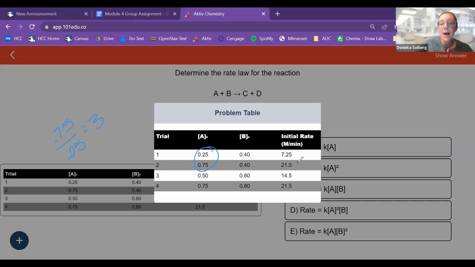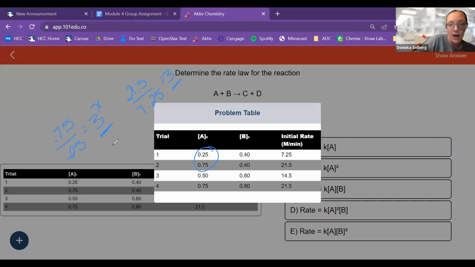Then you have to look at what happened to the rate. Well, it went from 7.25 to 21.5. Again, if you can't easily tell what happened to the rate, divide the bigger one by the smaller one. So I would go 21.5 over 7.25. That is also 3. Now, the way that you figure out the power is you do this value to the power we're trying to figure out, I'm going to call it x, equals this value.